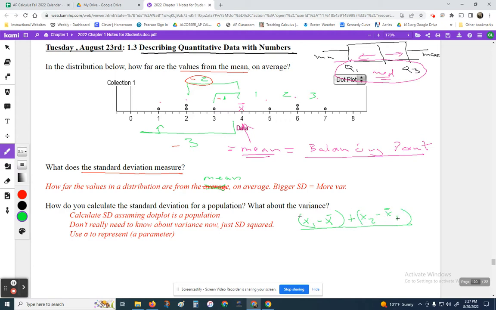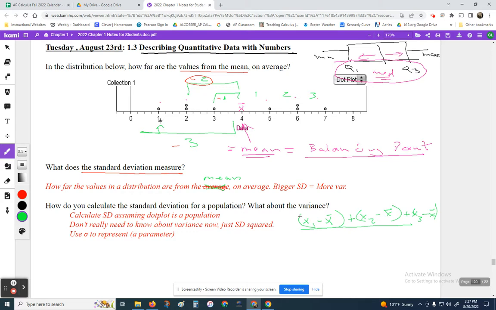Sorry, x bar, not x1. Get rid of that. Let me get rid of that for you guys. So x bar. And then we add it with x3 minus x bar. Kind of see the pattern here?